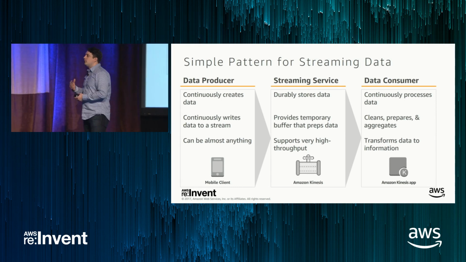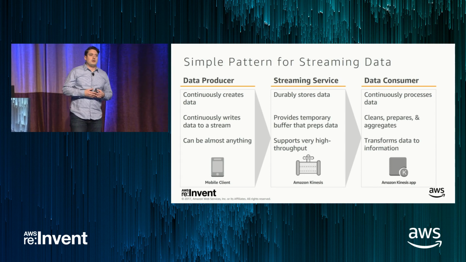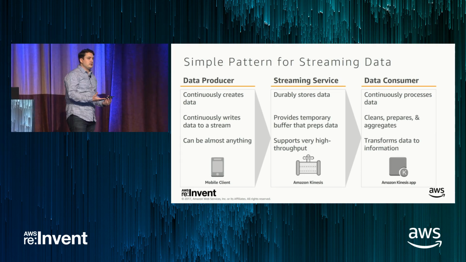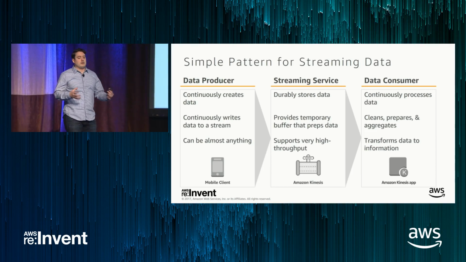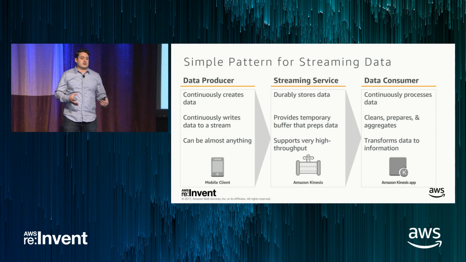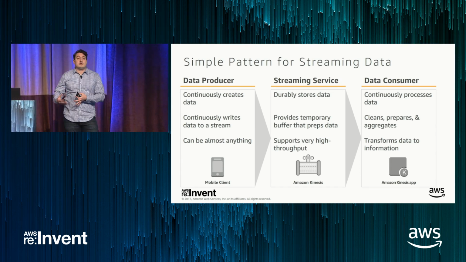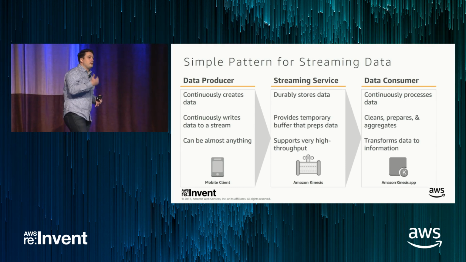We're going to go through a lot of different use cases in this presentation, but they all follow a very typical pattern. You've got a data producer, some sort of streaming service, a buffer in the middle that's receiving data from that data producer, and then a data consumer that's consuming data in real time or near real time off of that streaming service. You'll see this pattern over and over again.